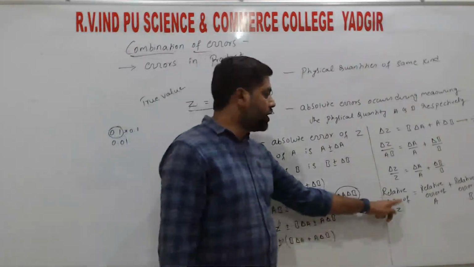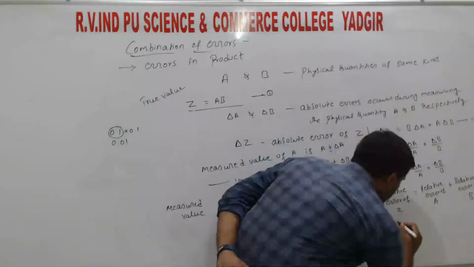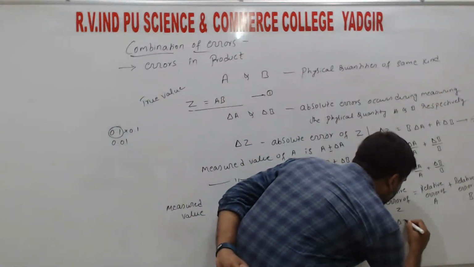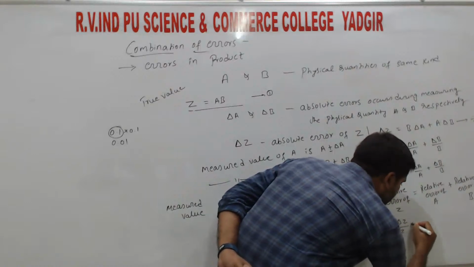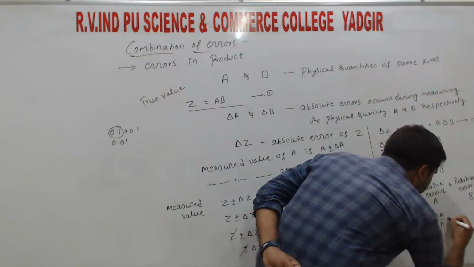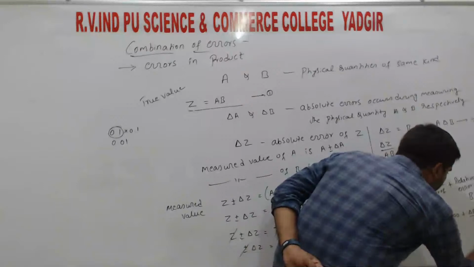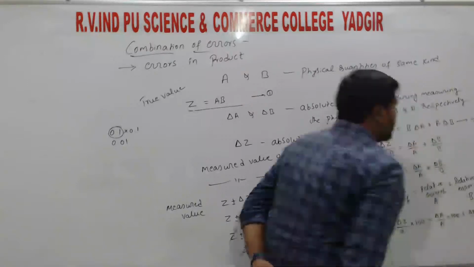So since we get relative error, we can also find the percentage error, right? So percentage error is delta Z by Z into 100, which equals delta A by A into 100 plus delta B divided by B into 100.